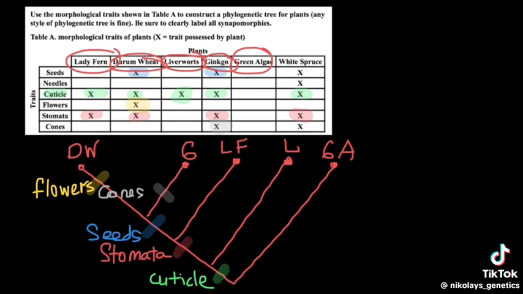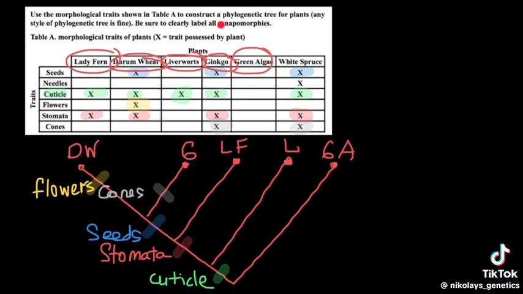It also has seeds, it also passes this bar, and as you see, it also has cones. That means the evolution has turned the same way as in ginkgo, and it passed this bar.